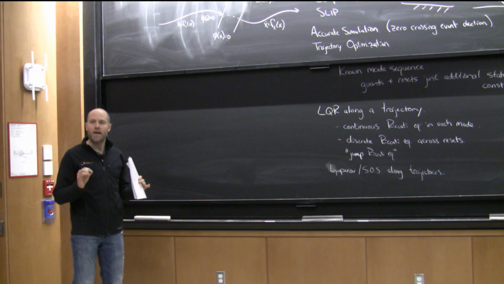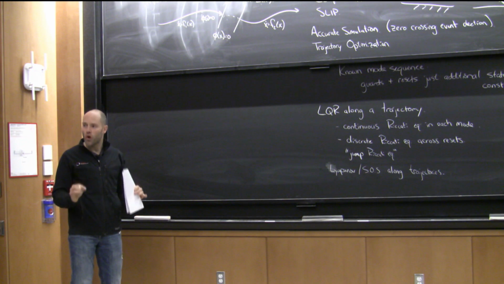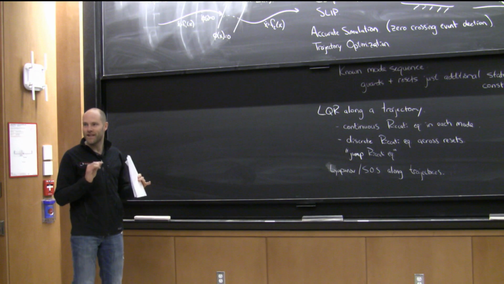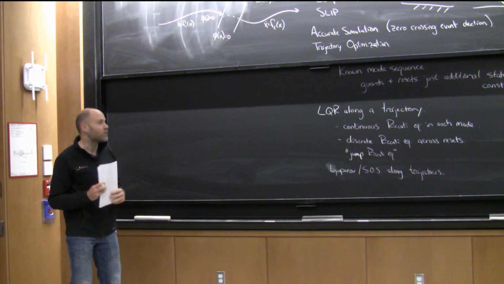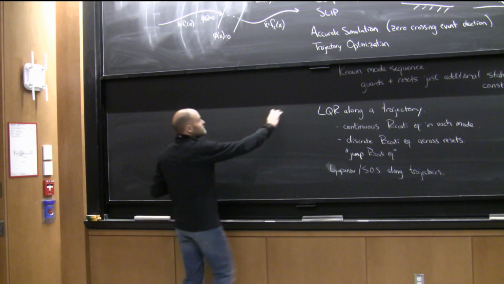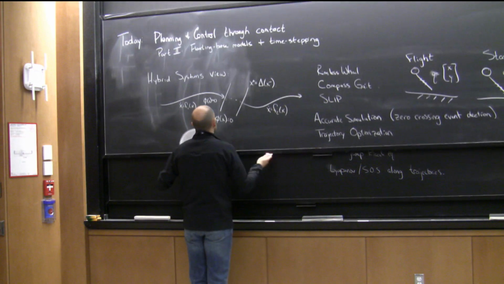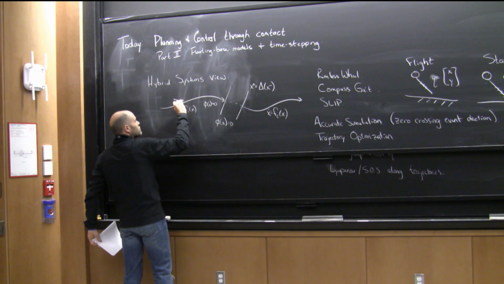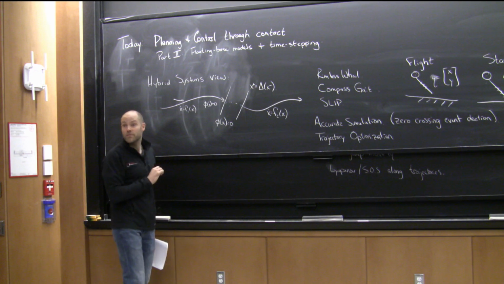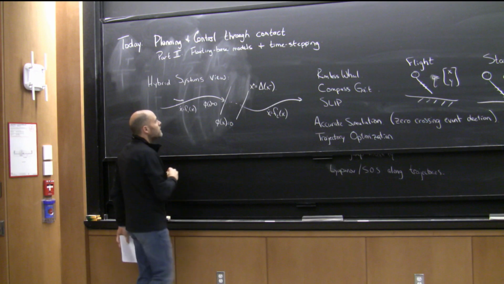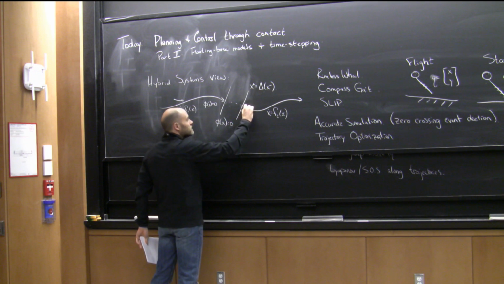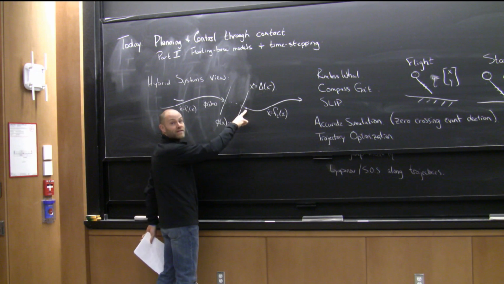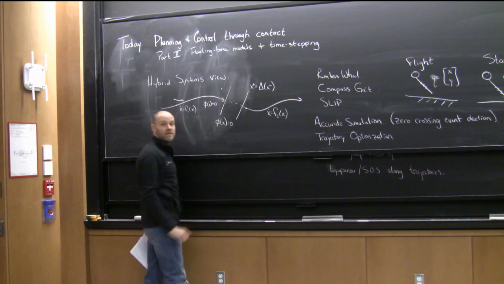And the problem with these tools is it doesn't talk about how you do stabilization across different contact configurations, okay? So in this picture, when I'm here and I've got my nominal trajectory here, it's telling me how to close that gap, right? The problem is, what if I'm supposed to be here, my nominal trajectory is here, but I'm still over here?